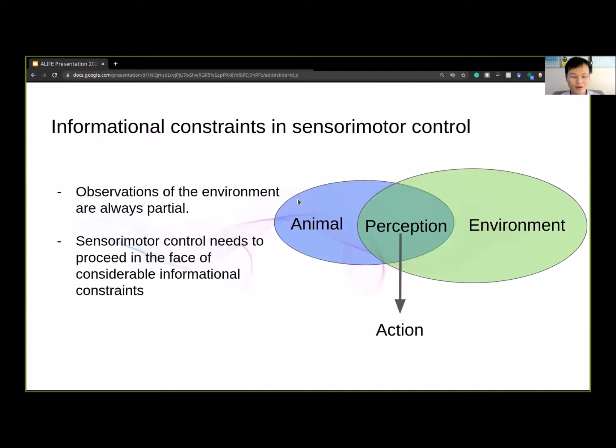As an animal goes through the world and interacts with the environment around it, almost always there's some informational constraint.